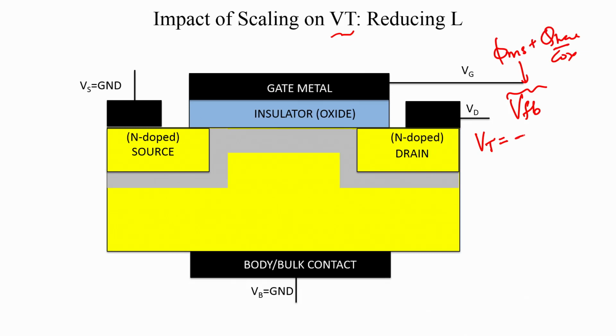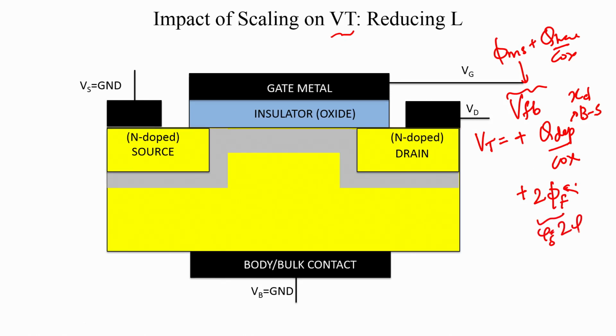Then you have your Q depletion by Cox, and this depends on the varying XD, and on the body to source voltage, etc. And then you need to achieve your 2 phi f. But here again it depends on the body to source voltage, where your phi s has to be equal to 2 phi f.